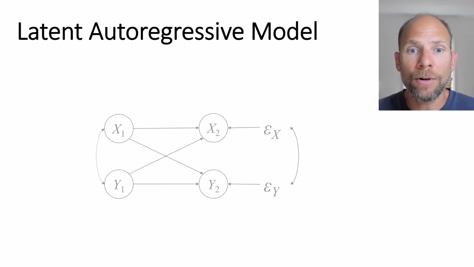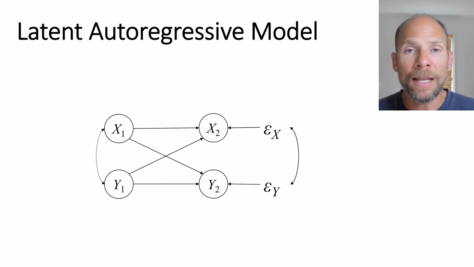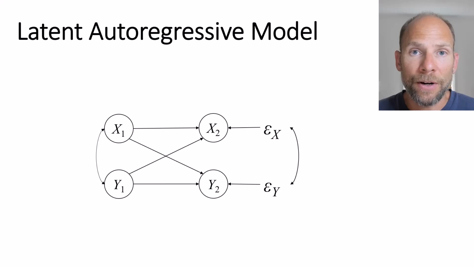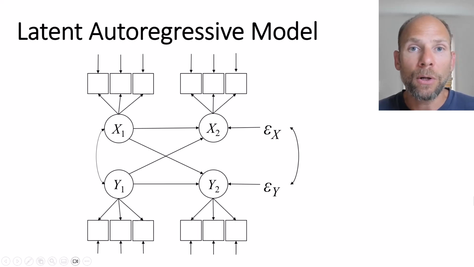In latent autoregressive models, we look at the same kind of structure, but in terms of latent variables that are corrected for measurement error. So those are latent factors or latent variables in structural equation models. How do we get those? We get those typically by including multiple indicators for each construct at each time point. For example, 3 items or 3 subscales of a depression scale plus 3 subscales of an anxiety scale.